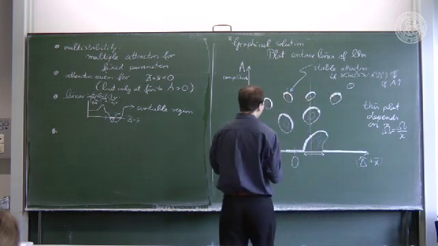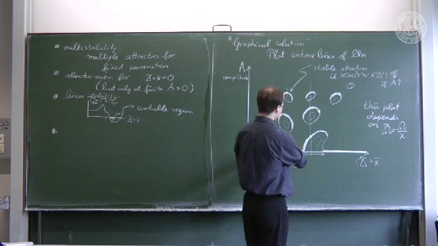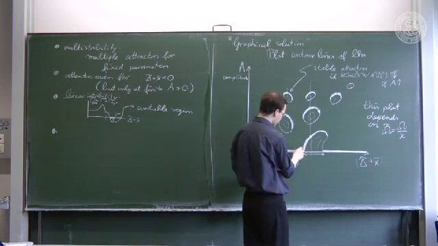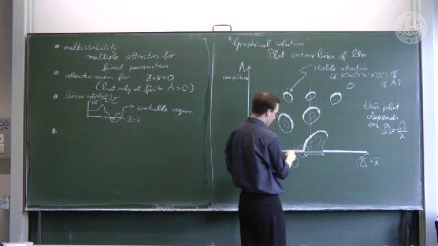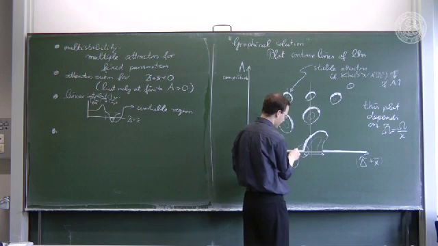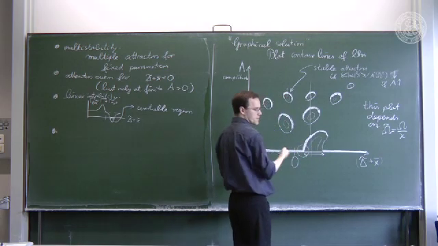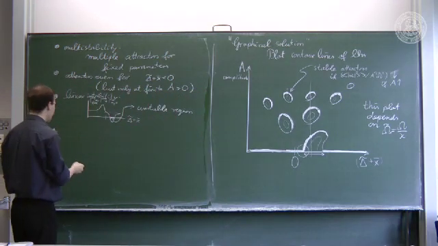And now, in general, it looks fairly complicated. It looks like a complicated landscape. But right here, when I start from a zero amplitude and go to a finite amplitude, the behavior is, so to speak, universal. And it even has a name.